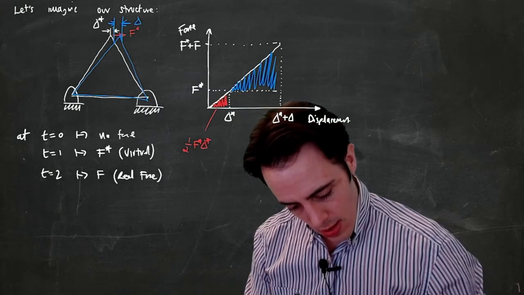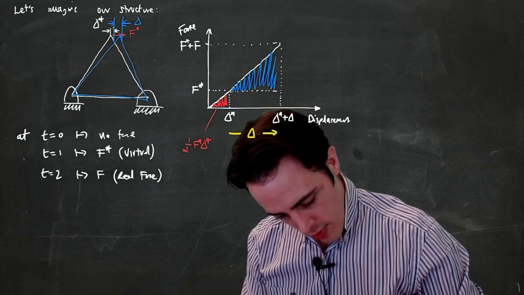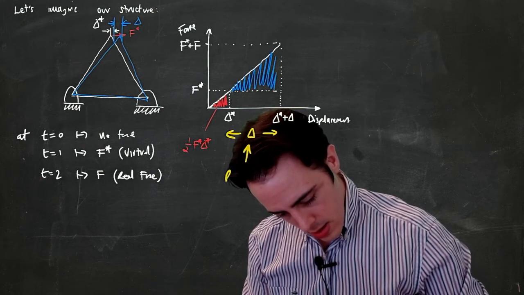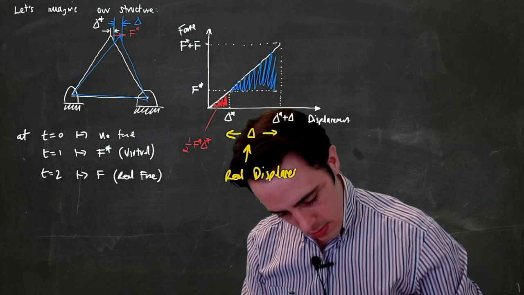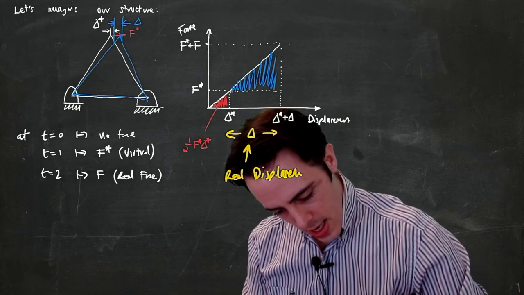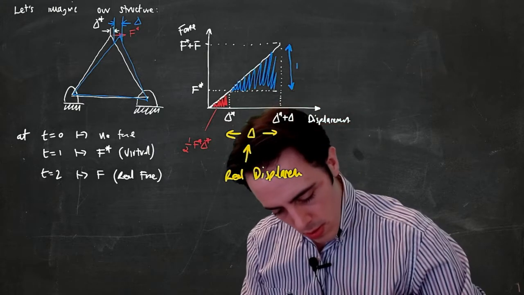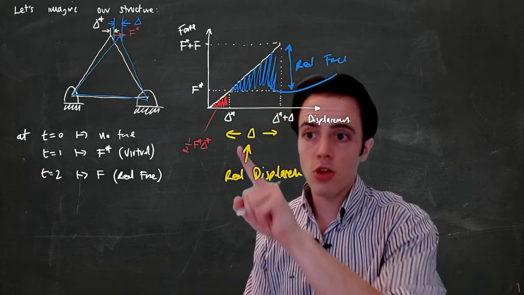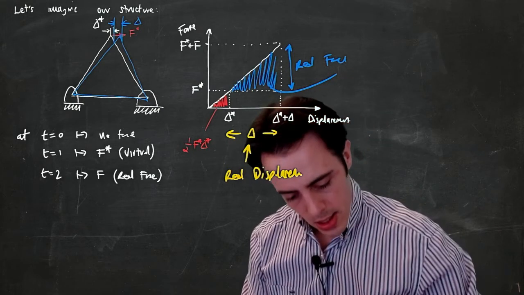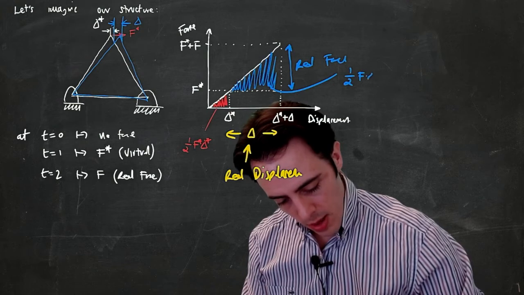So this length in here is the real displacement. This height here is the real force. This shaded blue area is our real external work done, half F multiplied by delta.